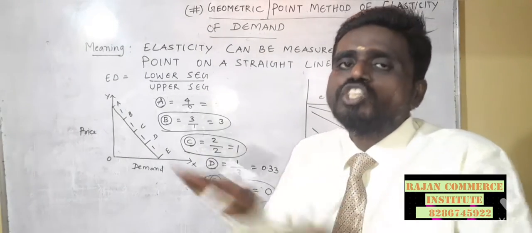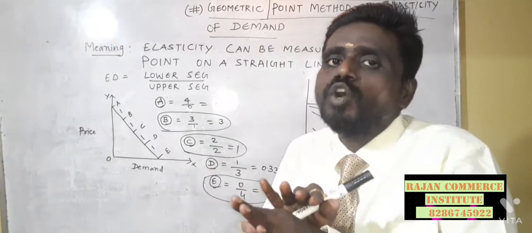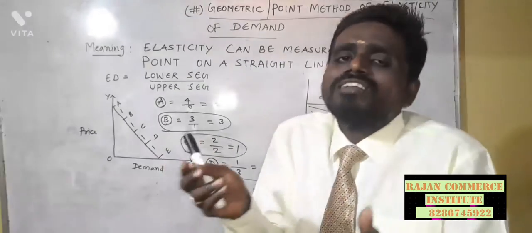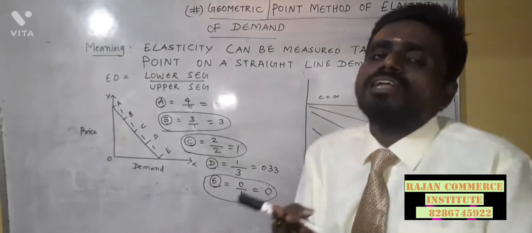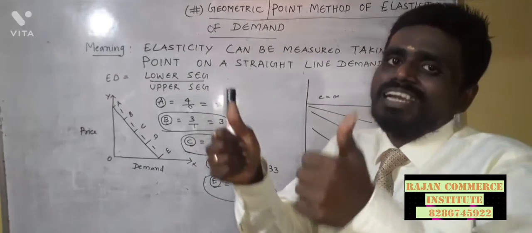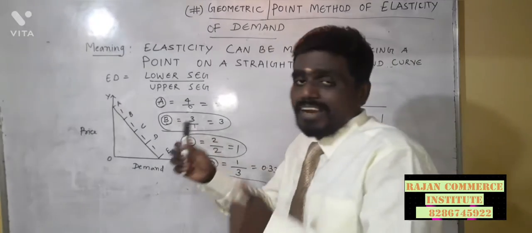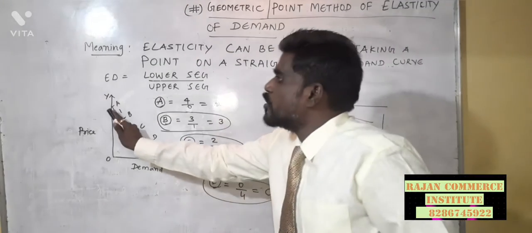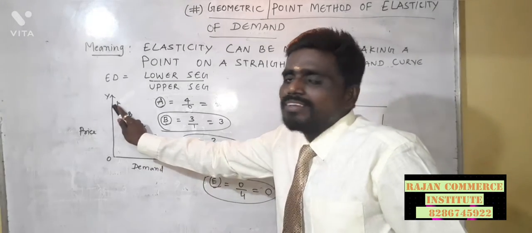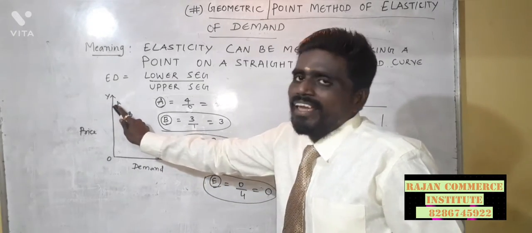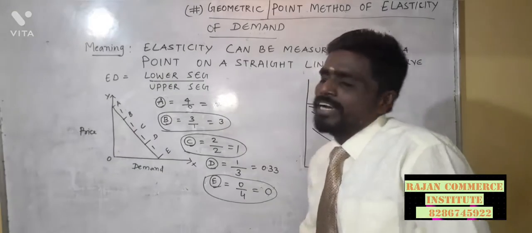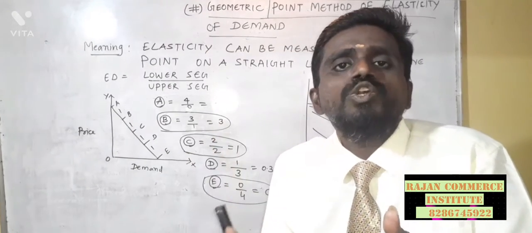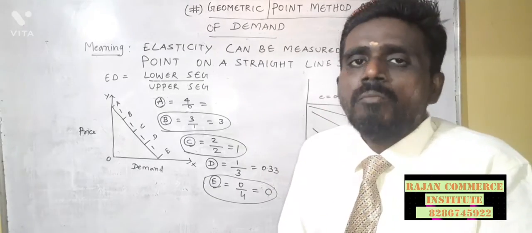That is what represents ED equal to infinity. So the elasticity of demand on point A is equal to infinity, which means demand is changing drastically compared to the price of the commodity.